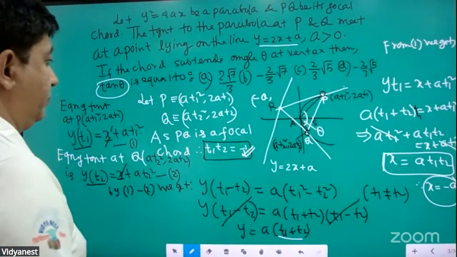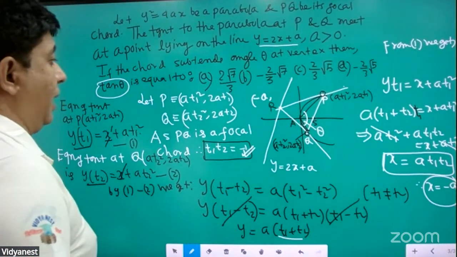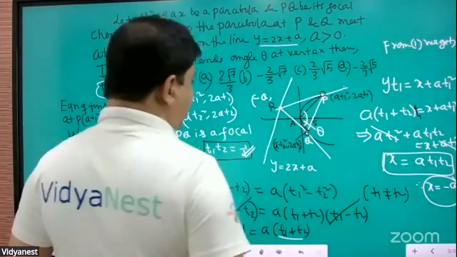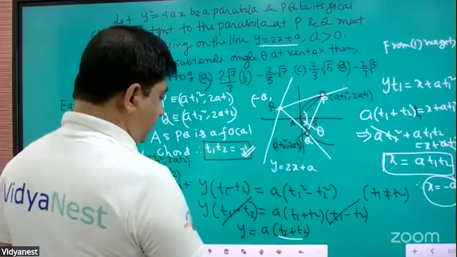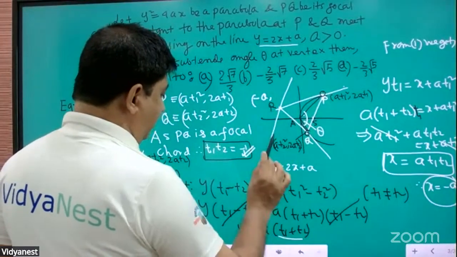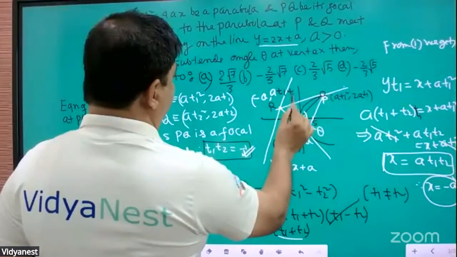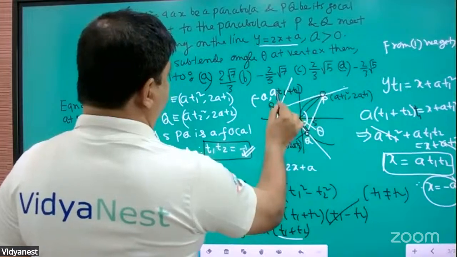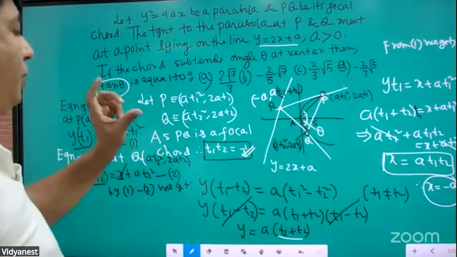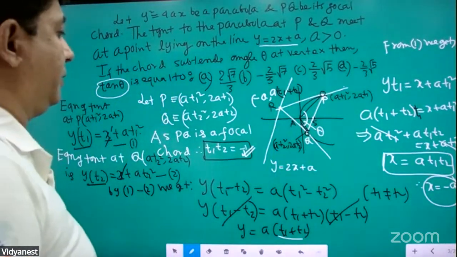Now here you see, this is -a and this is a(t1 + t2), the point of intersection we have got.